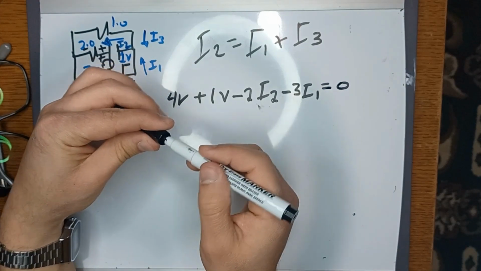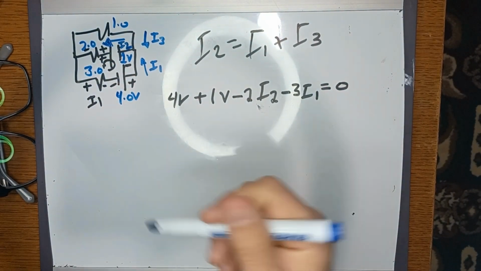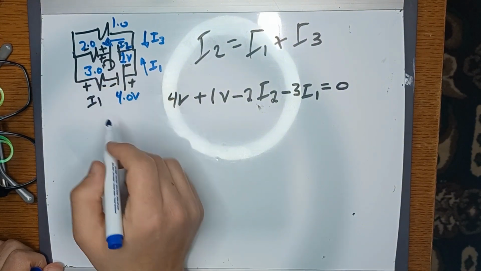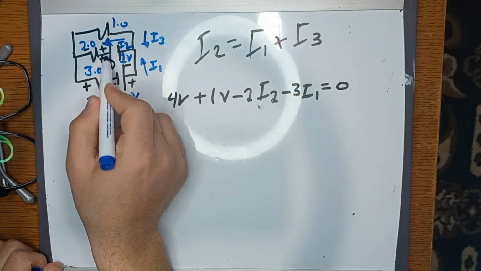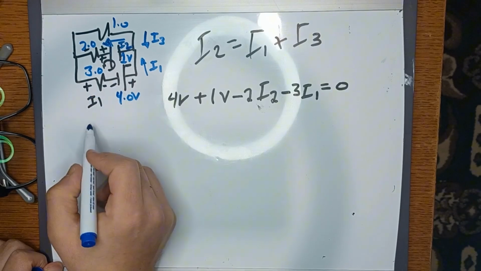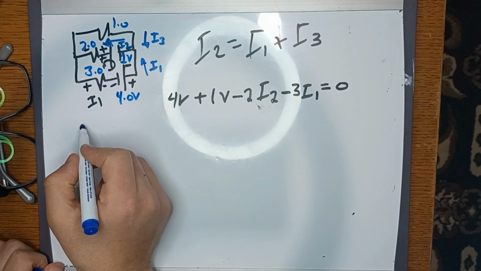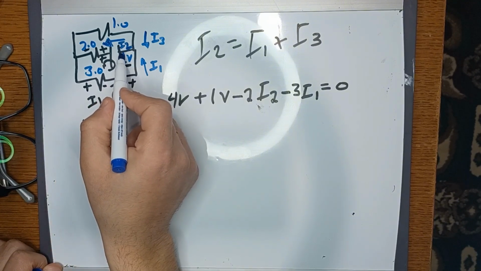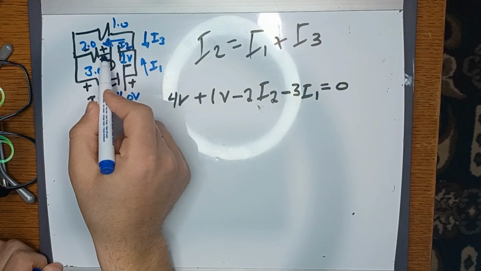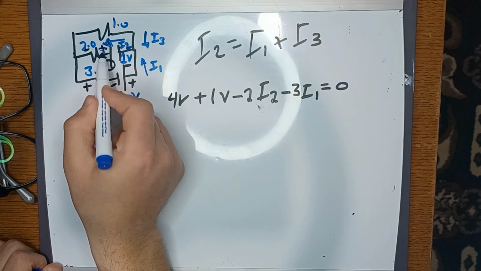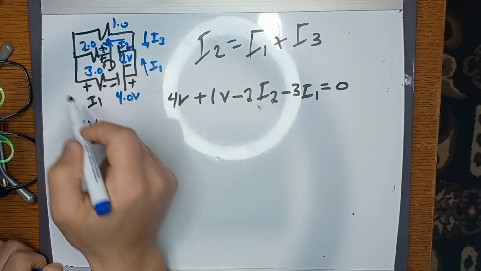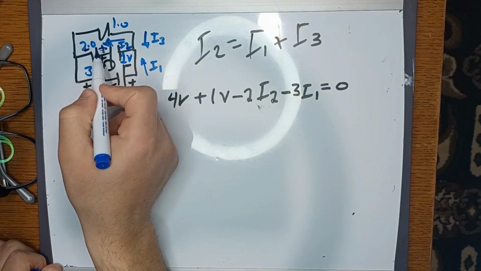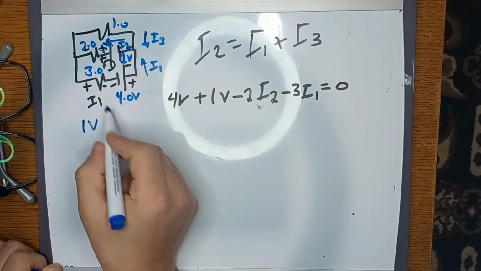Now the second equation is for the top loop. The equation will start from the battery here. We would have 1 volt. This is negative, this is positive. I know it's messed up, but this is the positive side, exits from the positive side, enters the resistor from the positive side, and exits from negative.